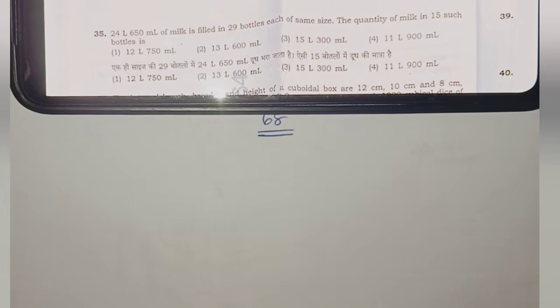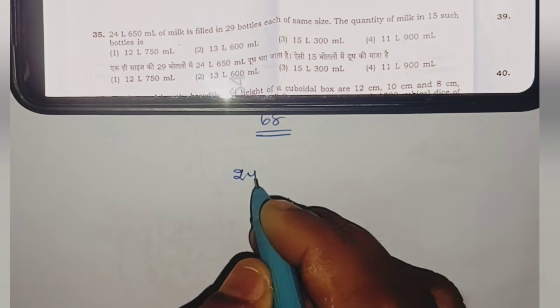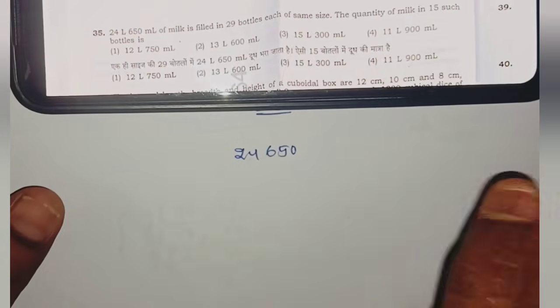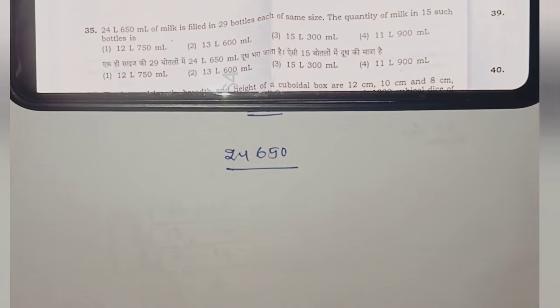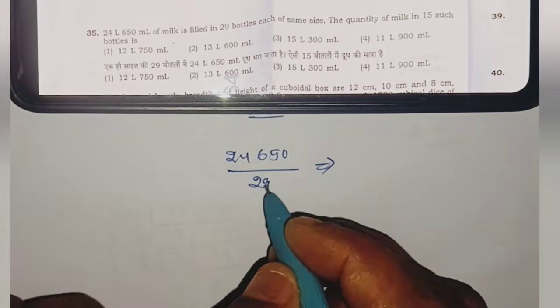24 liters 650 ml of milk is filled in 29 bottles, each of the same size. The quantity of milk in 15 such bottles is? First convert all these liters into milliliters. So 24,000 and 650 milliliters, that is 24,650 ml. Now this total quantity of milk is distributed among 29 bottles, so divide this value by 29.